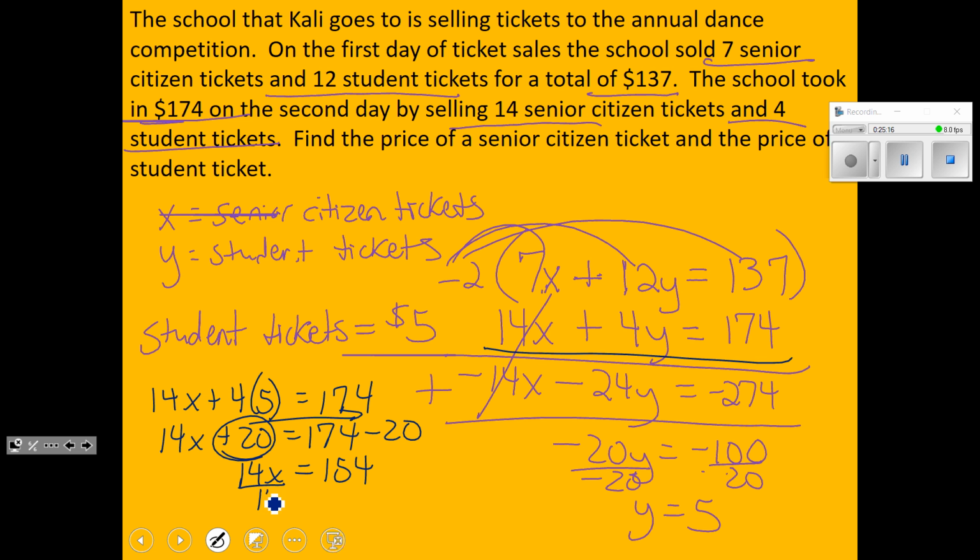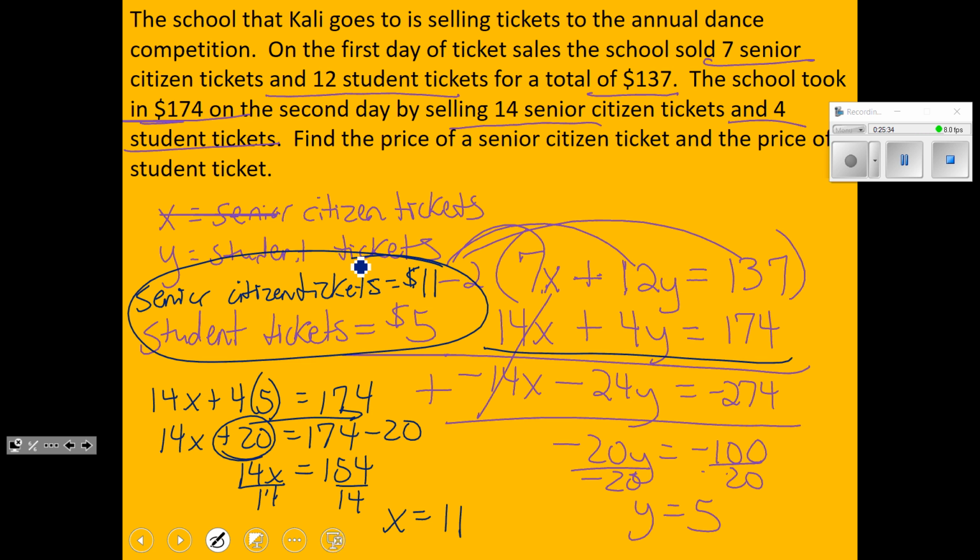And I'm going to divide by 14. And so x is equal to 11. So our senior citizen tickets are equal to $11. So there's your answer.